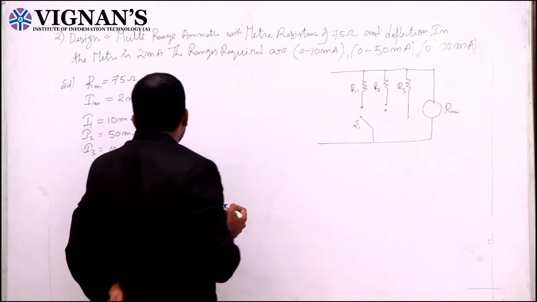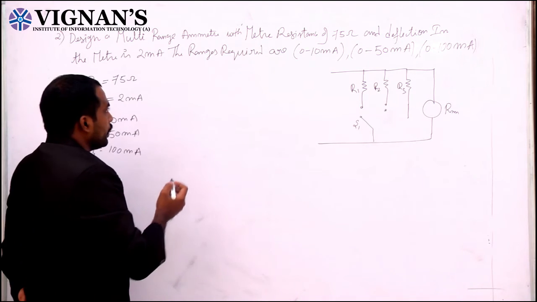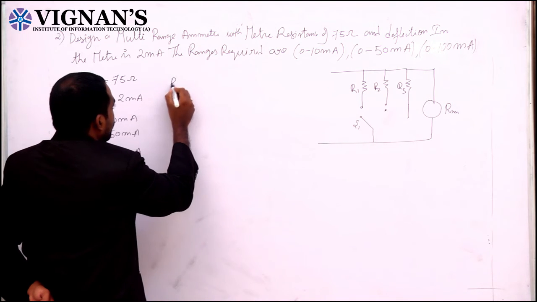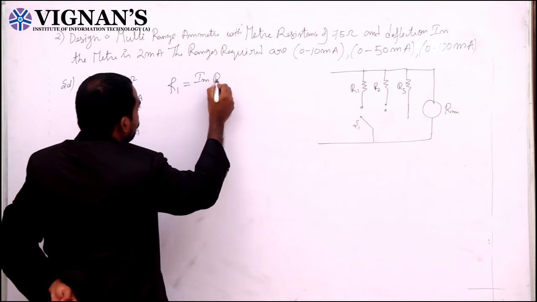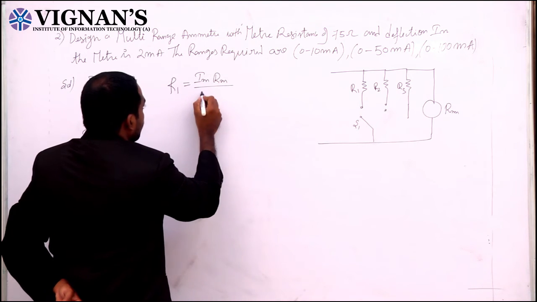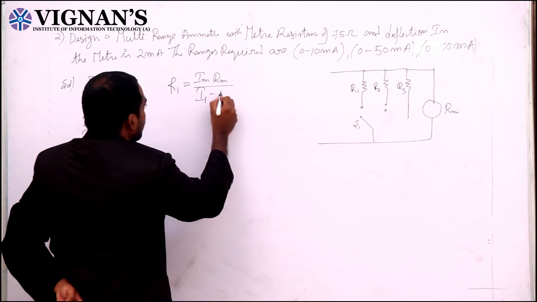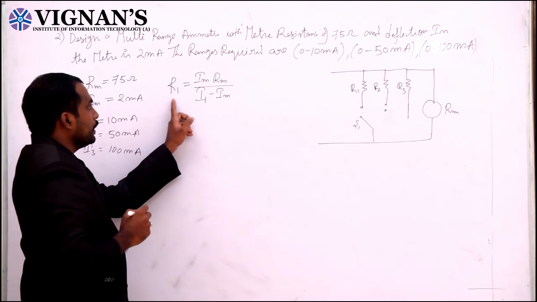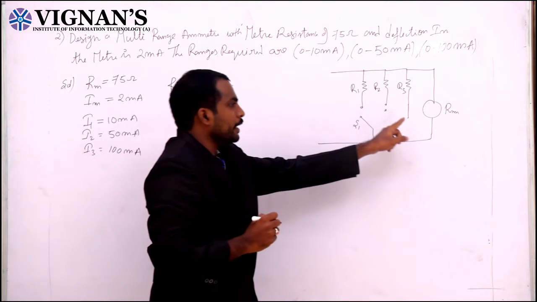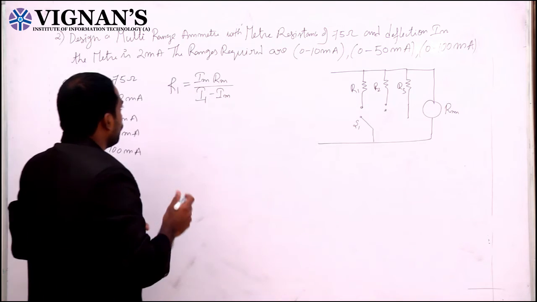So, as we have already known, the formula for R1 is equal to Im into Rm by I1 minus Im. So this is nothing but the formula for R1 in the case of a multi-range meter. It is quite similar to the formula for RSH.